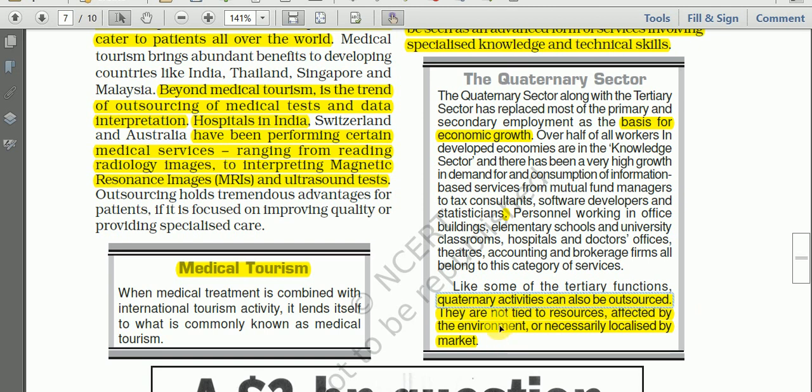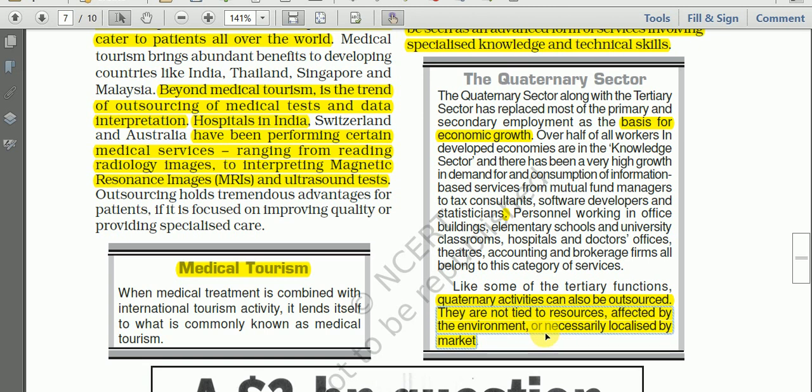and that means quaternary activities are not tied to resources affected by the environment or necessarily localized by market. So quaternary activities are not dependent on the resources.